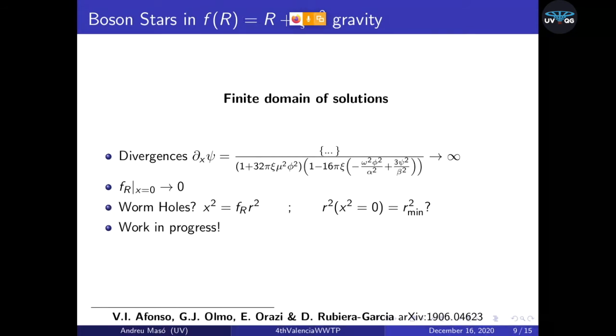If we monitor the conformal factor f of r for solutions close to this end point of the curve of existence, we realize that it goes to zero at the origin. This opens the door to the idea of the formation of a wormhole.